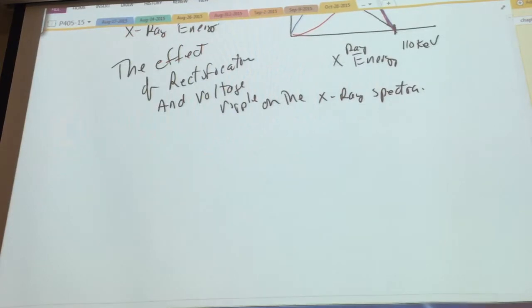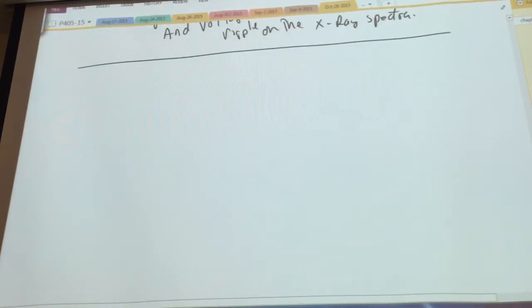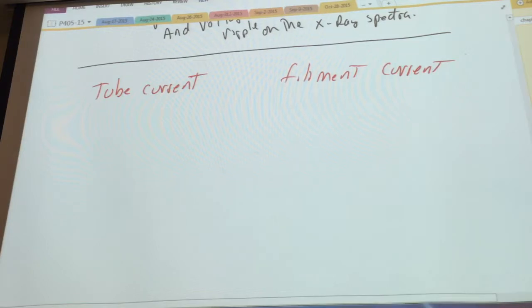So we'll step away from that for a few minutes. We're going to go back and talk about currents again: tube current and filament current.